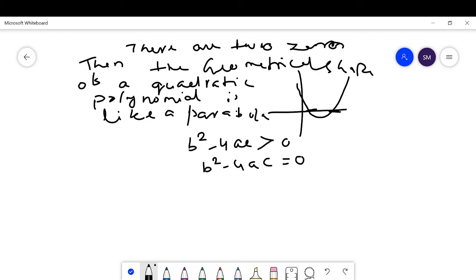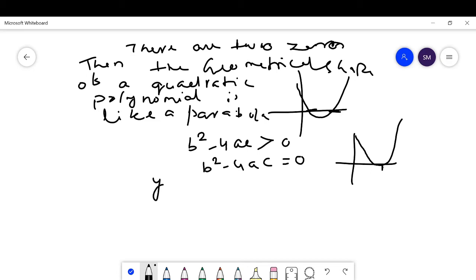Then there are no two distinct zeros. At that time the parabola just touches the x-axis like this, at a single point. This is a single zero.